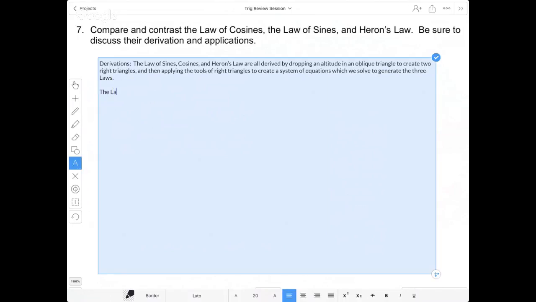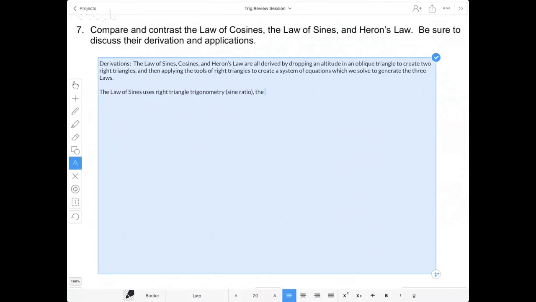The law of sines uses right triangle trigonometry, sine ratios.